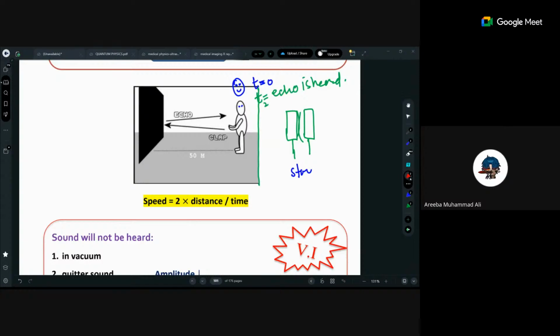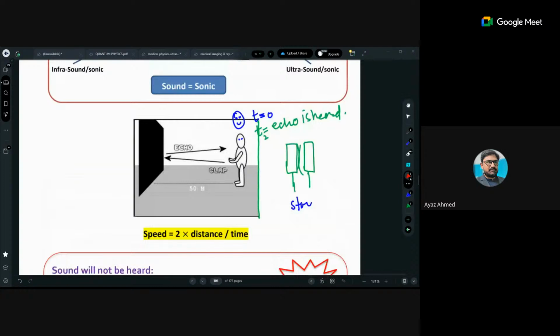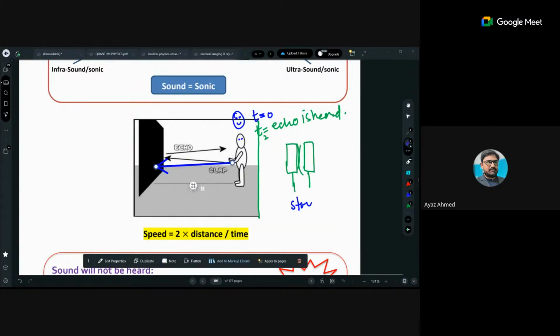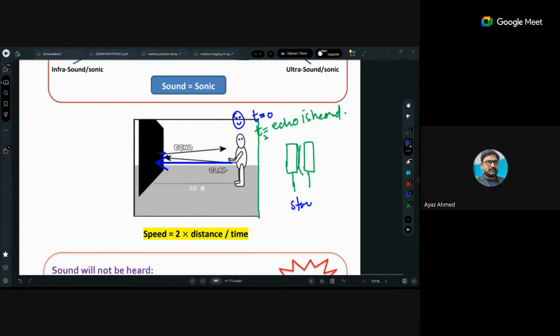Here the distance is measured between the wall from where the sound is being reflected, and we say how much time it took. It covered how much distance? Twice the distance between observer and the wall. So that distance is d, almost 50 meter.